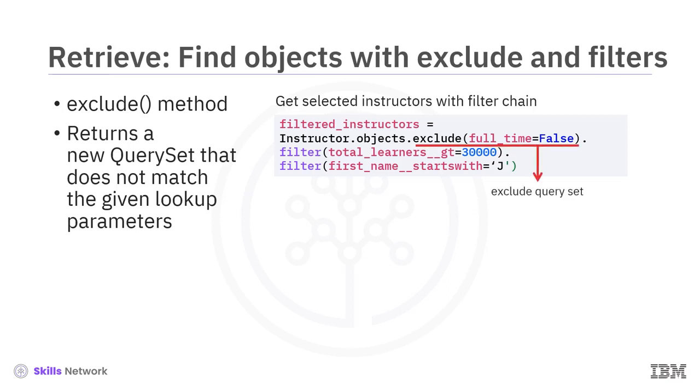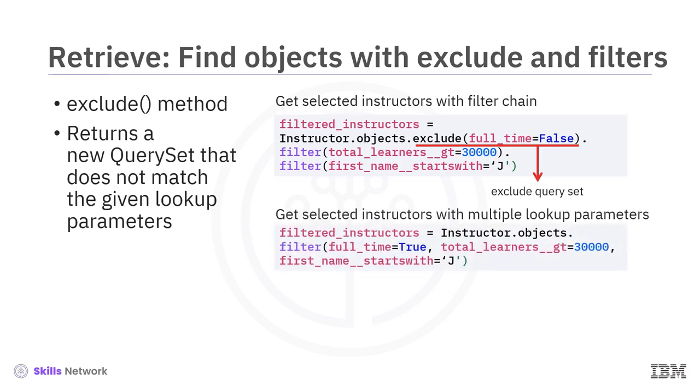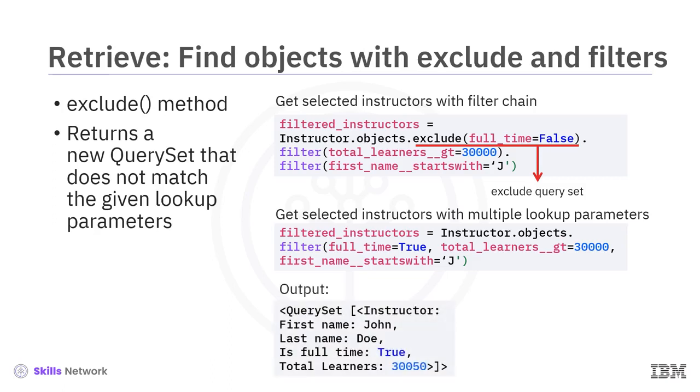First, we use the exclude method to remove all part-time instructors. Then we apply two filters to find instructors with more than 30,000 learners and a first name that starts with J. Another way to apply multiple filters is by adding multiple lookup parameters in one filter method. And we can see that the target query set has been returned.